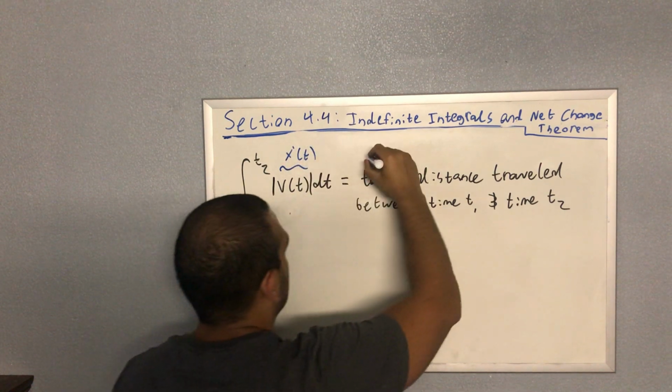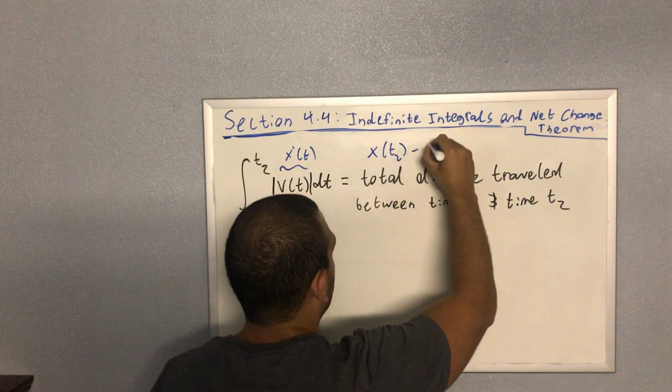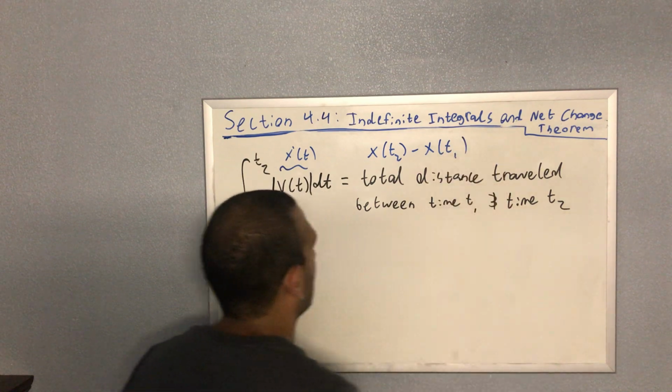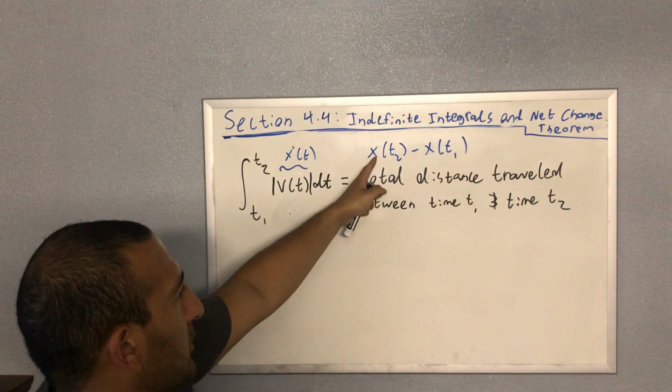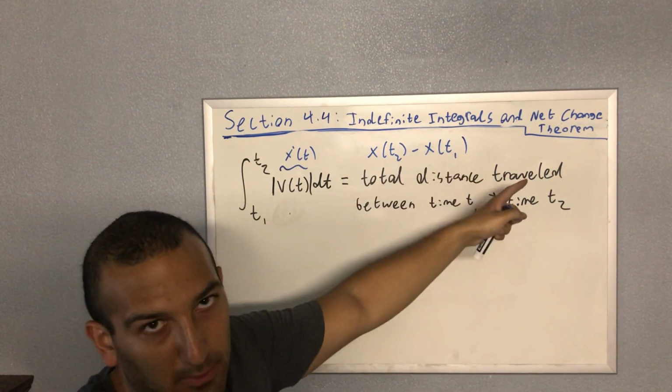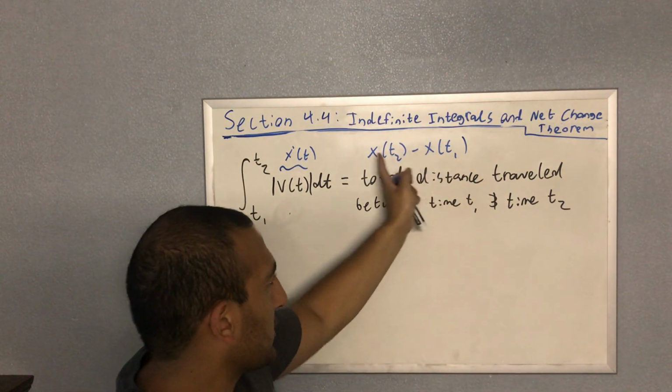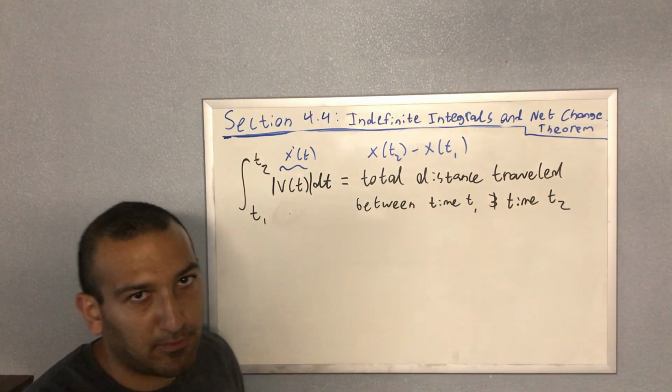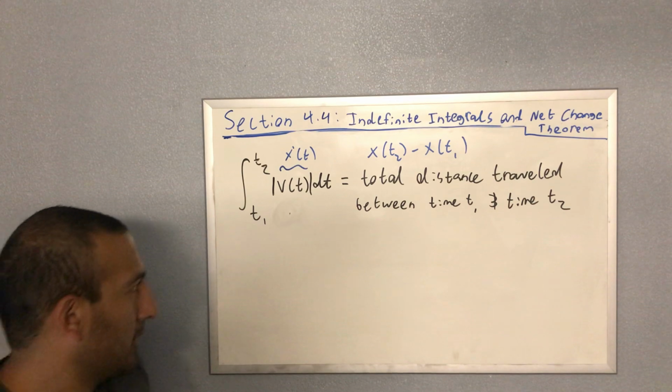The net change theorem says this should give us x of t2 minus x of t1. So how much I went to the right minus how much I went, you know, these are positions. So you take the net difference of those, okay?